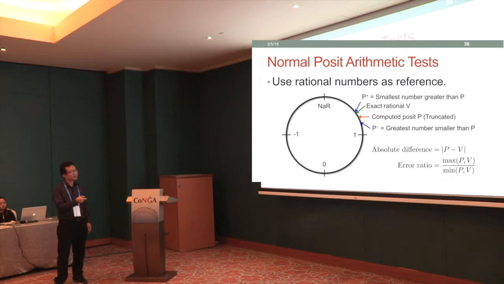And in this case, you have a better posit implementation. The computed posit P is very near to your exact value V. And in this case, we need to determine if your implementation is rounding the exact value V correctly. If you are rounding the exponent bits, then we use the metric error ratio.